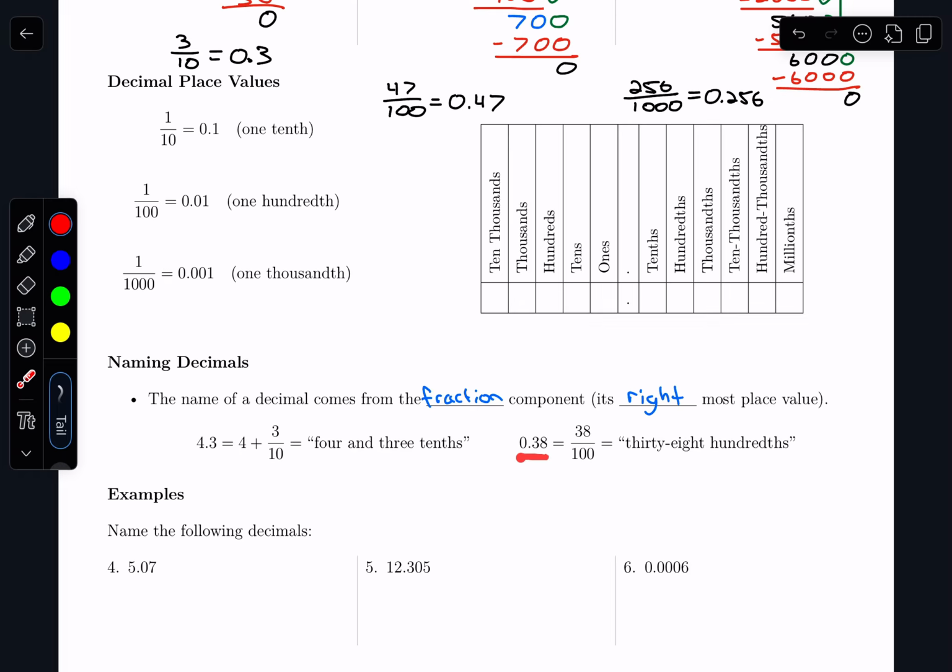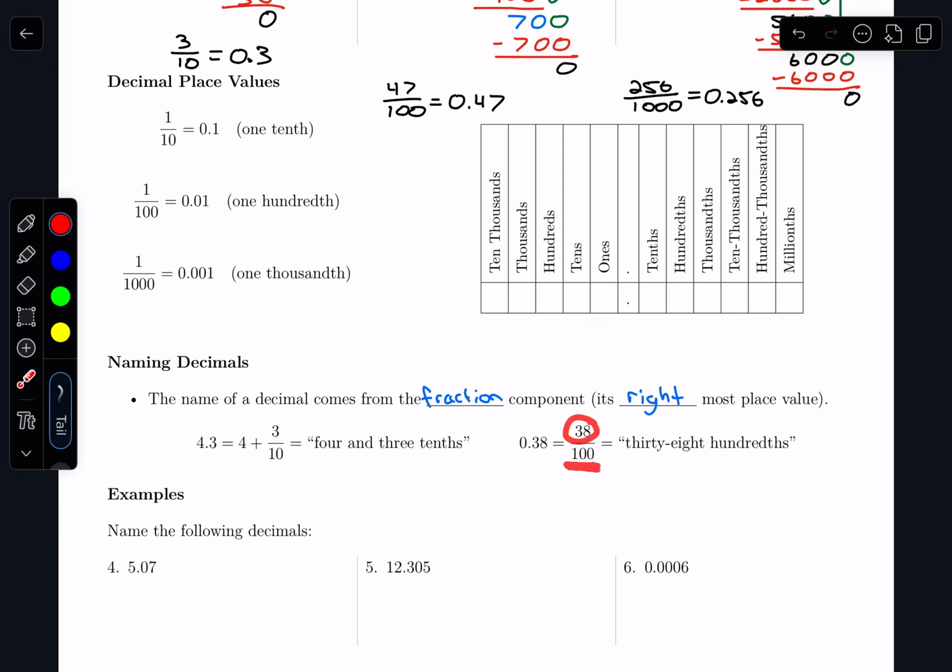Similarly, if we have 0.38, that is 0 and 38 over 100. Okay, where we get 38 over 100 because the second decimal place value is the hundredths spot. Okay, when we divide by 100, that's going to give us that second decimal place. So we call this the number on top over whatever this number on bottom is.